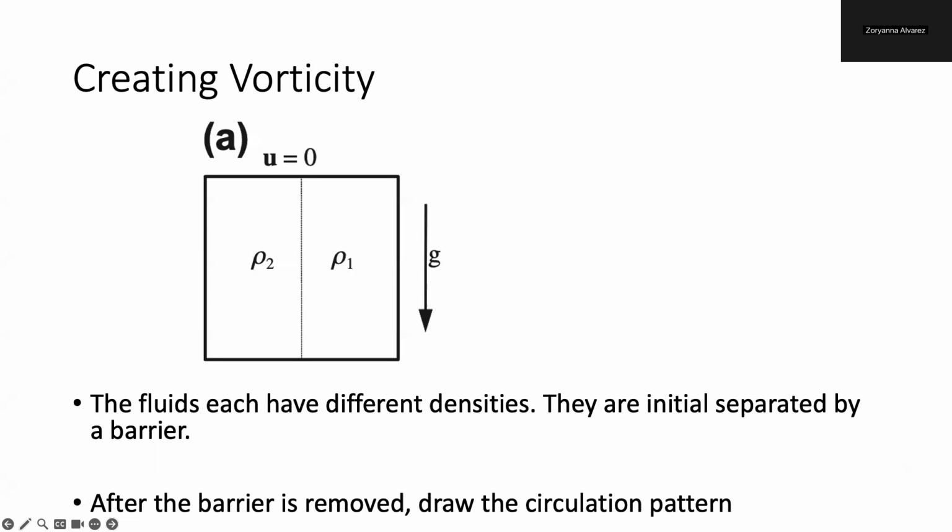So after a second, unless that barrier was a solid and it was moving, you know how we were talking about the shear forces, it's touching it, so it's going to move the fluid. So maybe in the center, there's going to be some slight mixing. But if they're the same densities, they shouldn't move or mix that much or at all after a second.